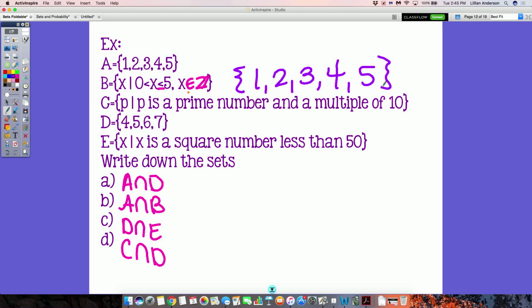It's only the integers. So A is a subset of B. What are the prime numbers that are also a multiple of 10? Nothing. There's a difference between an empty set and 0, so be careful. It's an empty set. D has all my elements. And we talked about this before, but what are the square numbers less than 50?